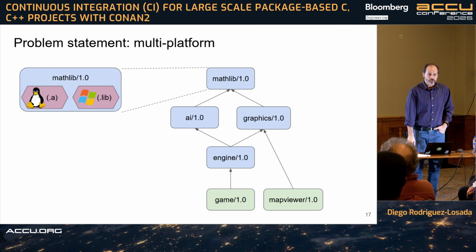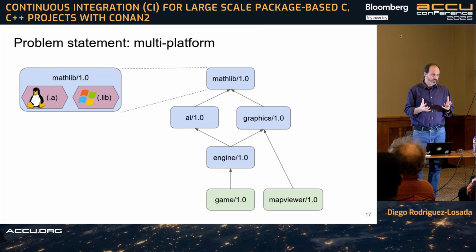Of course, when we are talking about packages, they can actually contain multiple binaries. Let's say that we are developing here a game and we want to support the Linux system. Our packages in this dependency graph will contain two binaries. One binary for Windows and the other binary for Linux. So when we are talking about this package thing, we are actually talking about two different binaries for the different platforms that we are supporting.